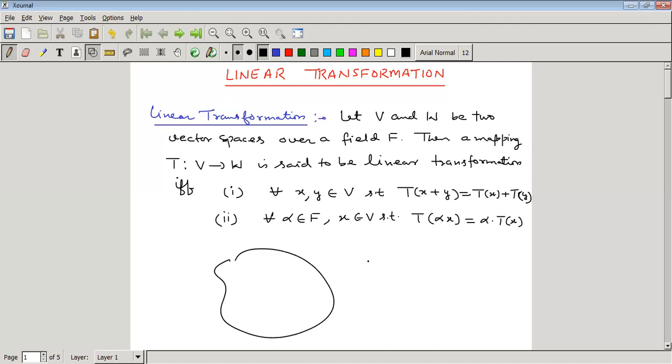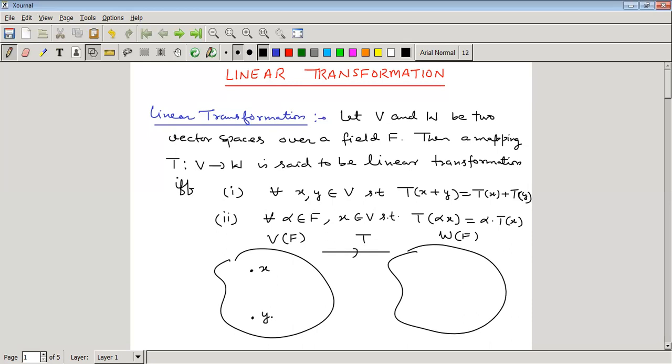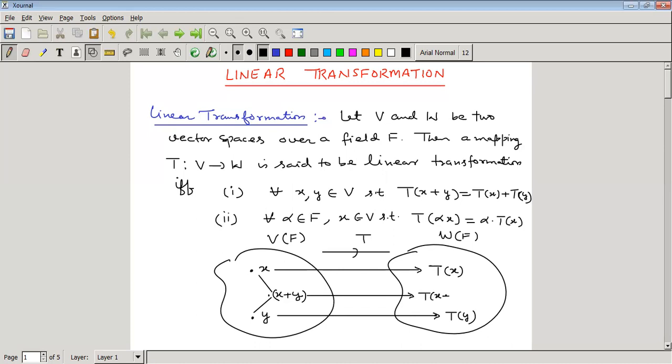So we can also think about this. If V and W are two vector spaces over the field F, and T is a transformation from V to W, if we take any x and y in V, the mapping of x is T of x, and for y we get T of y in W. If we add these two, then x plus y belongs to V. So the output of this x plus y is T of x plus y, and it is nothing but the sum of Tx and Ty.